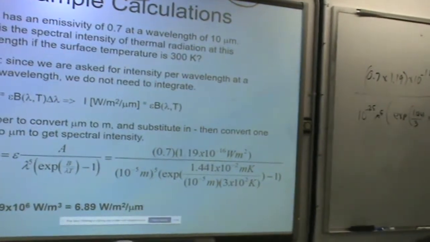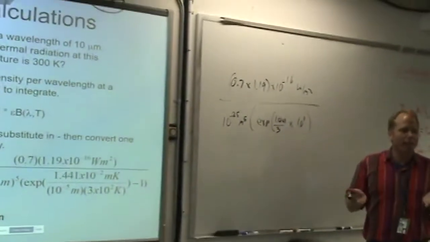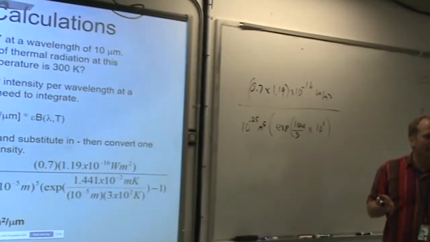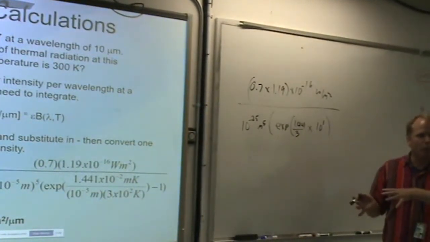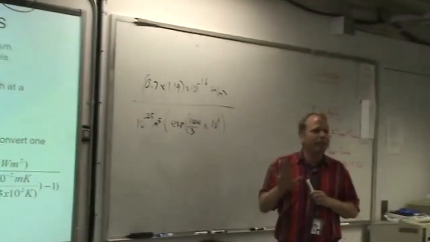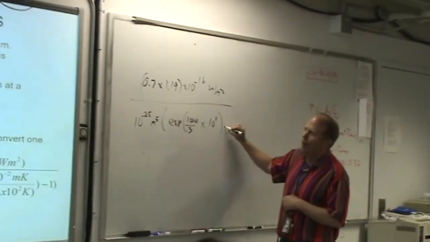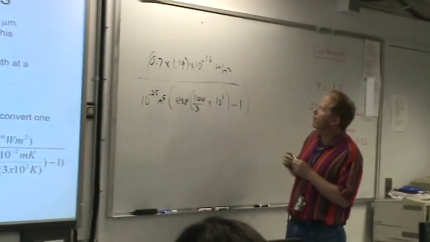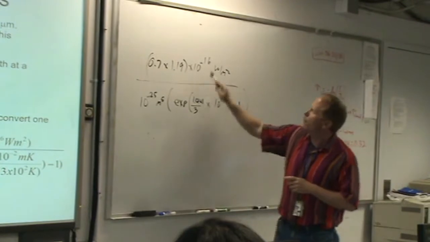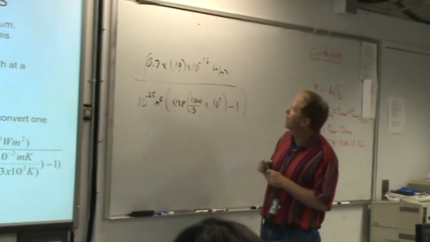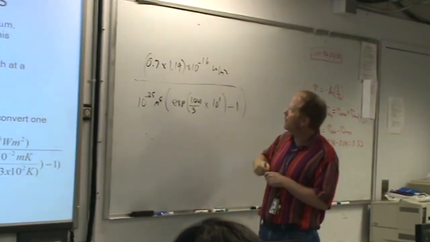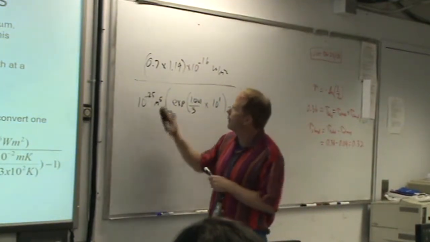By the way, if the units don't cancel out in an exponential, I'm doing something wrong. Whether it's an exponential or a cosine, all of those units have to cancel out. If they didn't cancel out, you've got a problem. And then I can subtract 1. By the way, we have all of these powers of 10, 10 to the minus 16 and 10 to the 25, and those become 10 to the 9th.